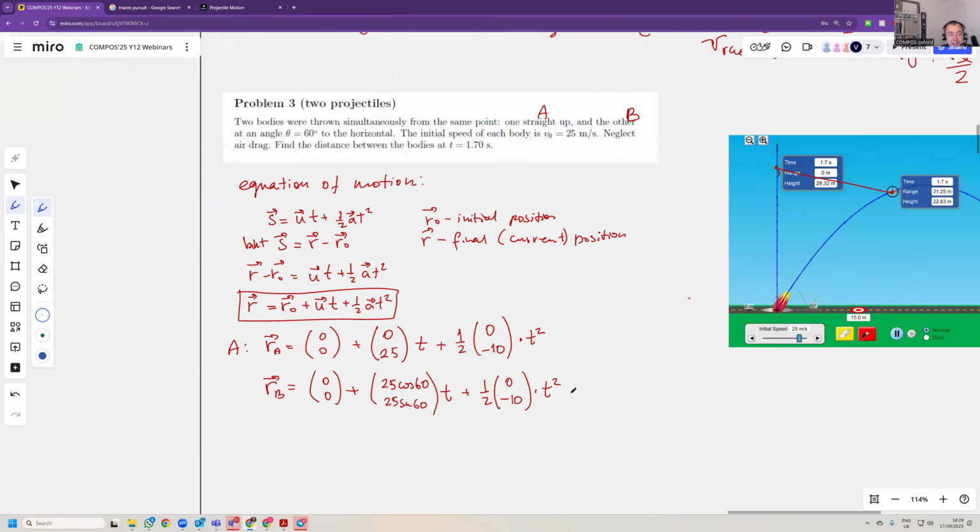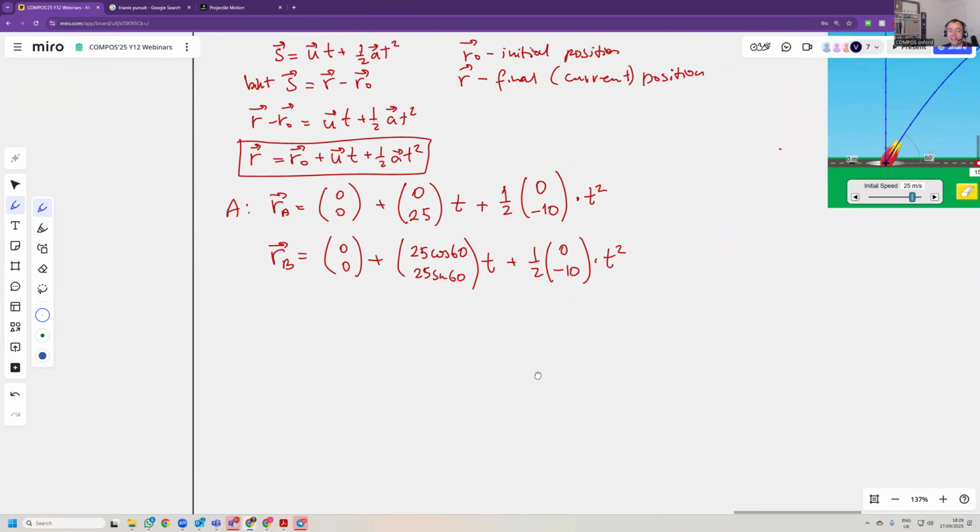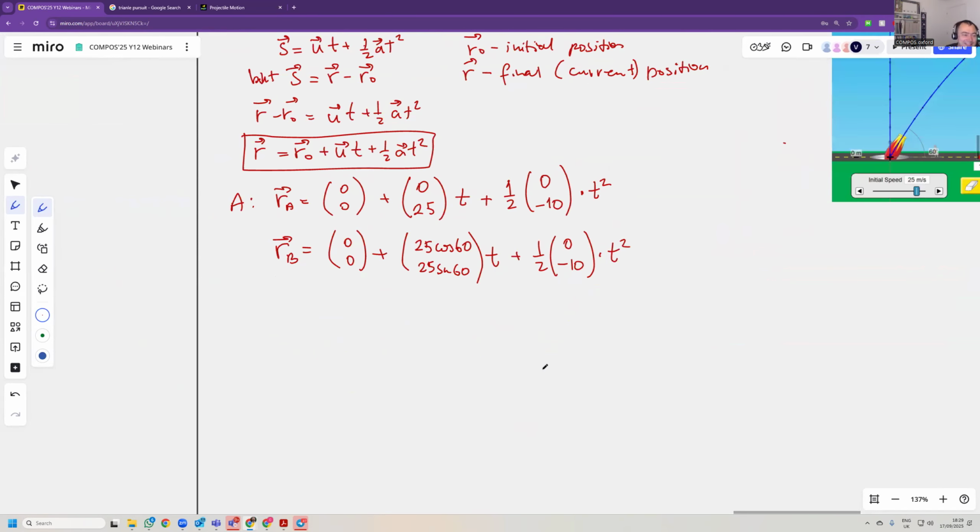And the distance is actually the difference. The distance between is RB minus RA, the difference between the two vectors. Well, it's the modulus of that.